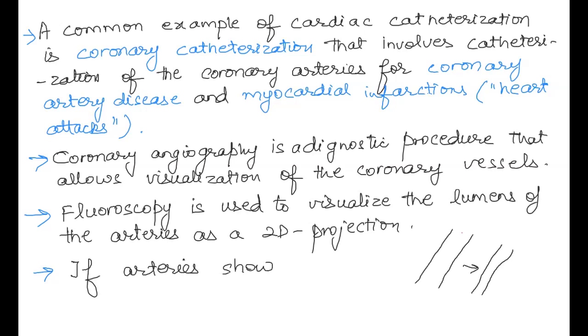In this, blood is flowing properly. In this, the blood flow decreases. This is narrowing, and blocked is like this. When it is blocked, there is no blood flow beyond this point.